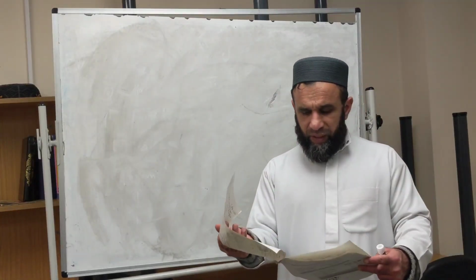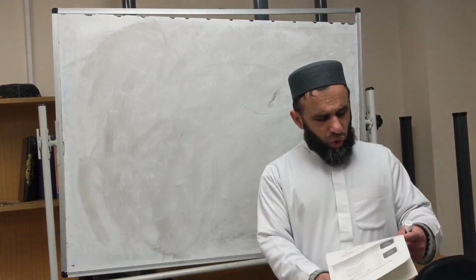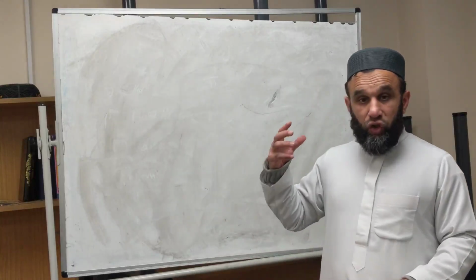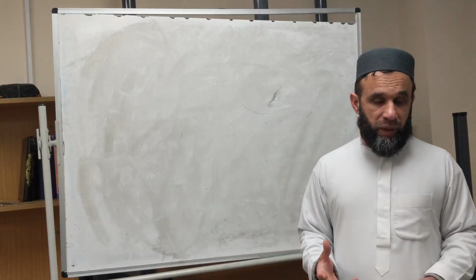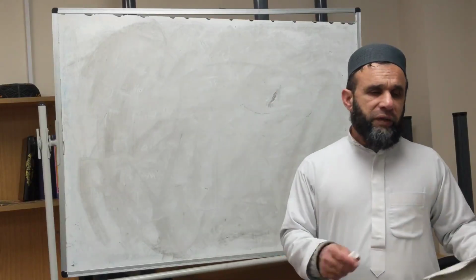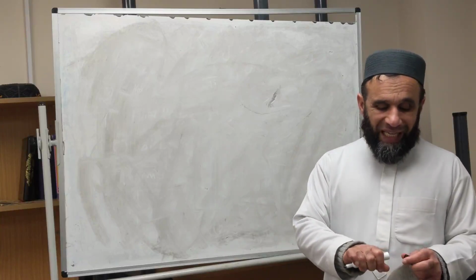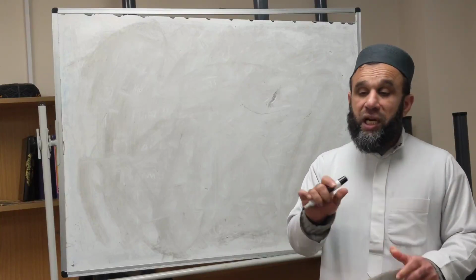Okay, my dear brothers, as I told you before, no fi'l will be without a doer and a tense, right? So any fi'l you come across, if you would like to construct a fi'l, from where?